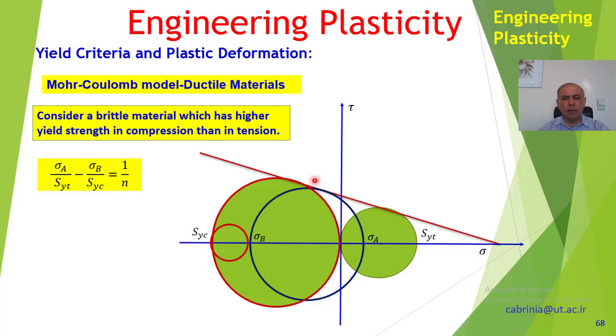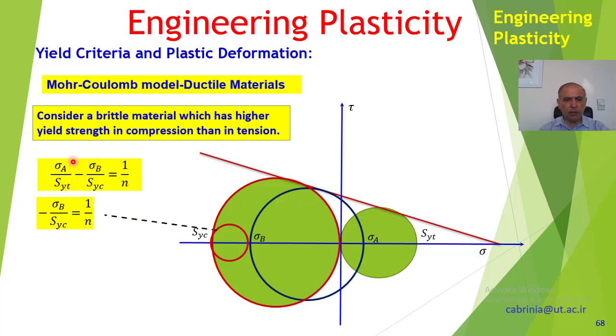So here, because both of these circles are over here on the negative side, SYT here is 0, and we get sigma B over SYC equal to 1 over n.